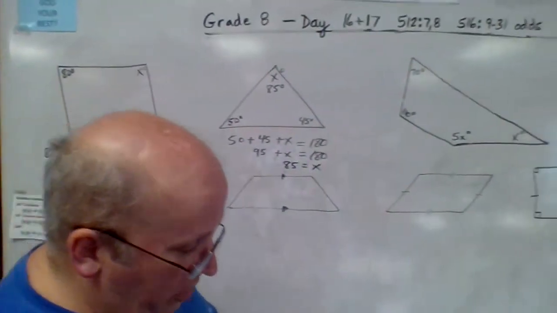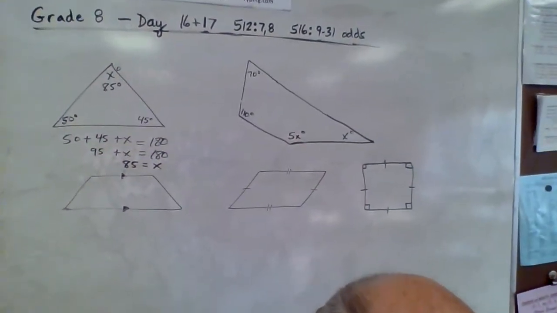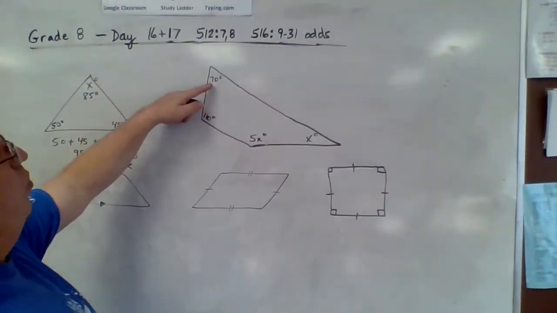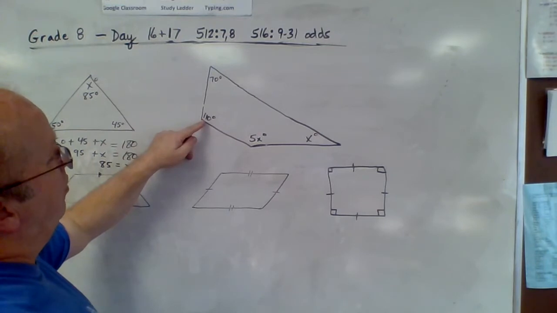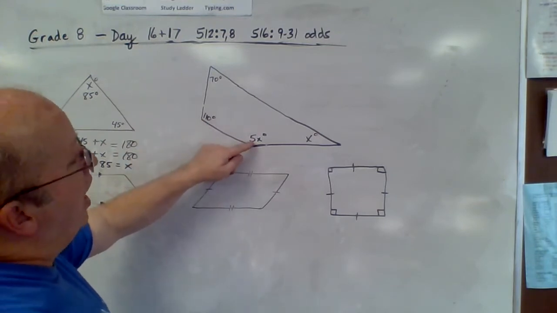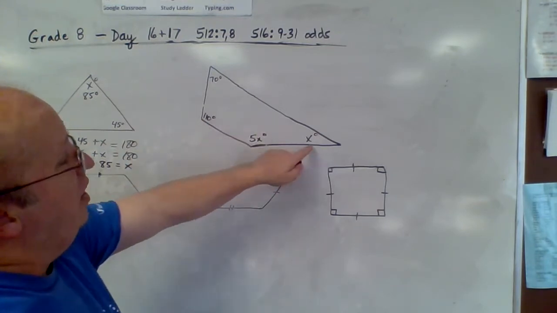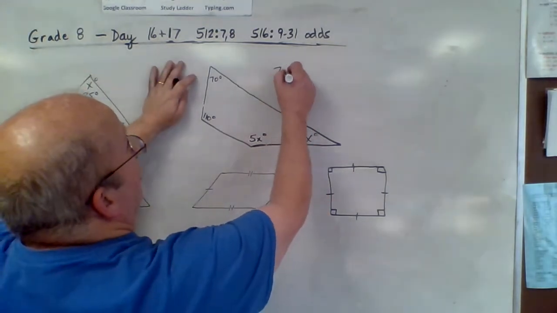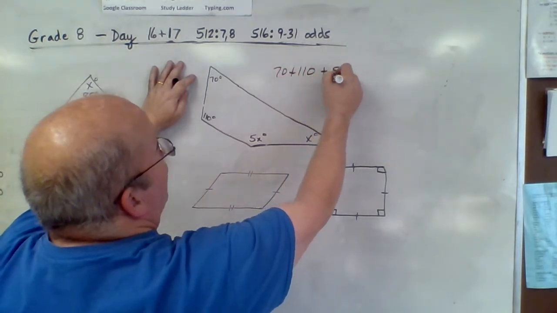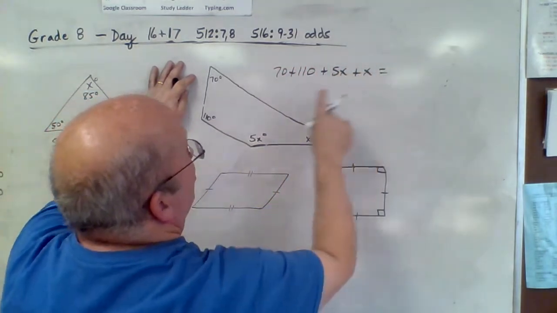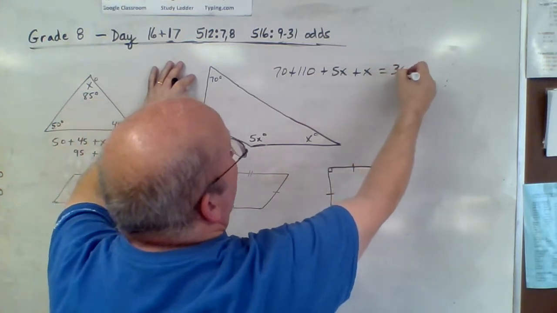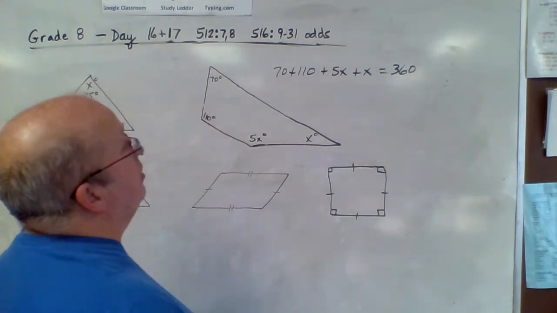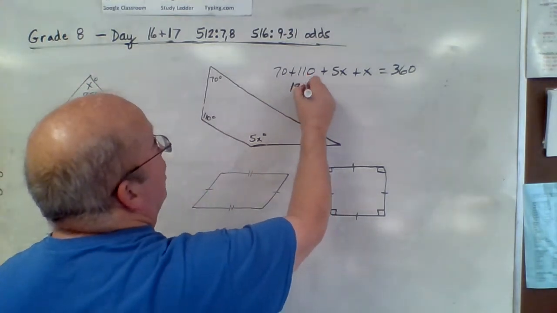Now we're going to put a little bit harder problem in front of you, but it's not too bad. What if one angle's 70, one is 110 degrees, one is 5 times x degrees, and one of them is x degrees? It's really not that hard. We take 70, 110, 5x, and x, and make those equal to 360, because this is a four-sided figure. Let's add up these numbers to 180.